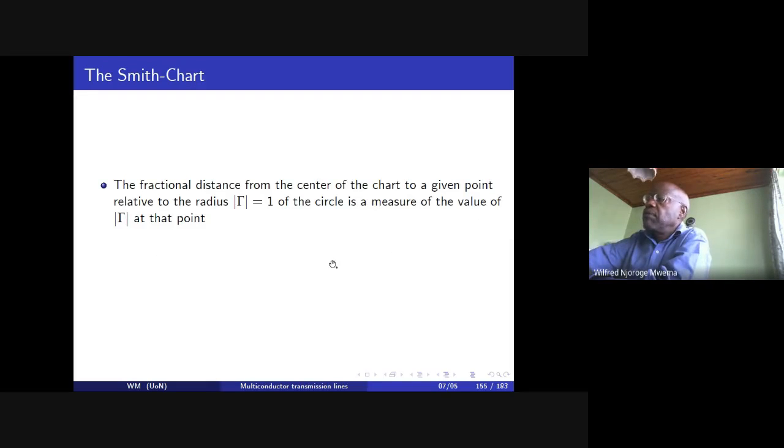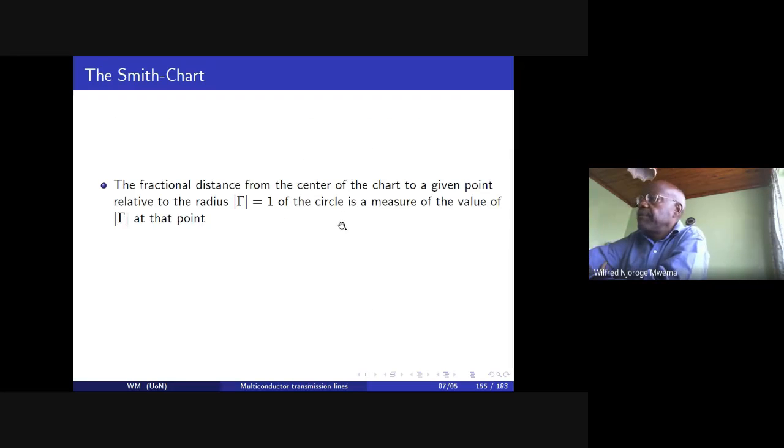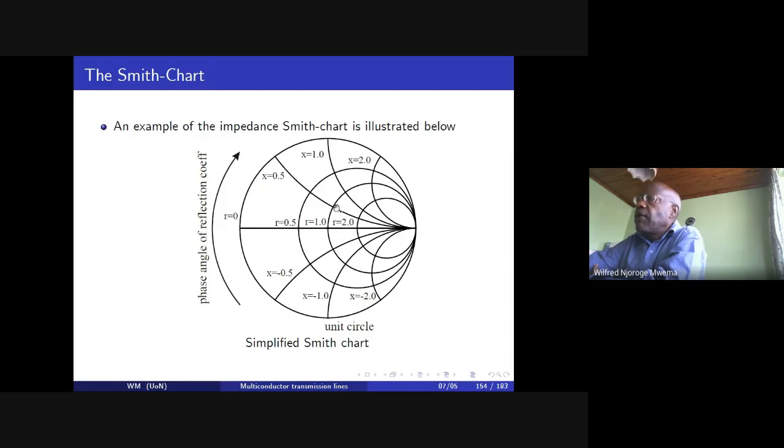What do we mean by this? We mean that if you were to draw a line starting from there towards the perimeter of the unit circle in the gamma plane, then any point along that line, compared to the length of that line, which is unity, will be the value of the magnitude of gamma for that particular point.